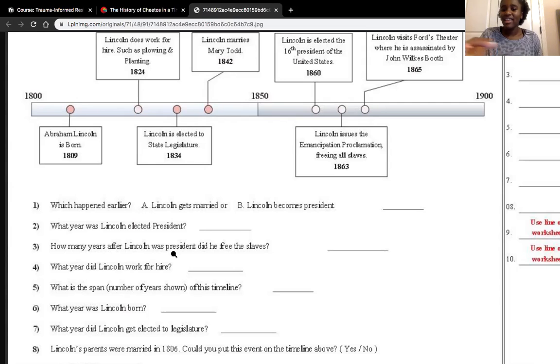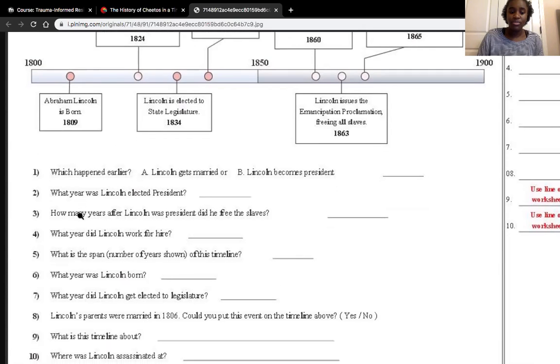Say I was born in 1998. I can't put this on this timeline because it only goes up to 1900. Same thing with this. We can put it on the timeline because it starts with 1800, so we can put 1806 on this timeline.